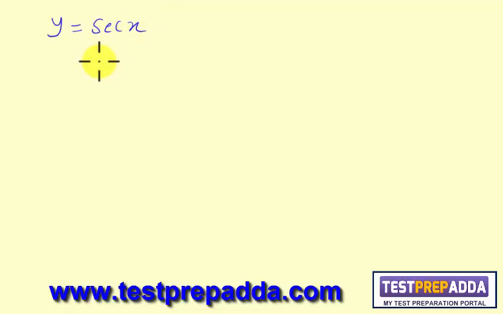Here sec x is actually 1 upon cos x. It is the reciprocal of cos x. Since cos x is in the denominator, cos x should not be equal to 0.